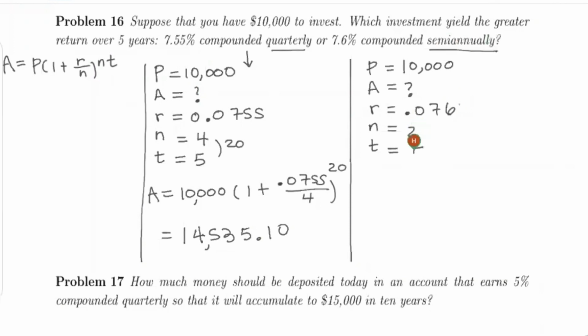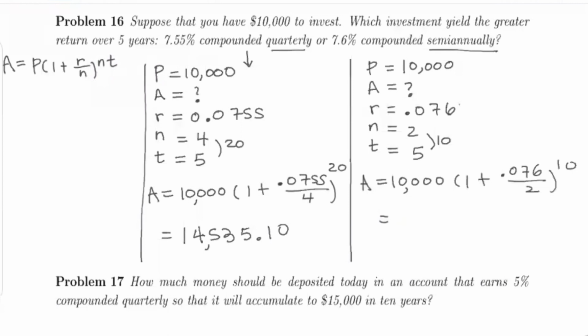Very good. So A equals 10,000 times (1 plus 0.076 over 2) to the power of 2 times 5, which is 10. And then we have a number.